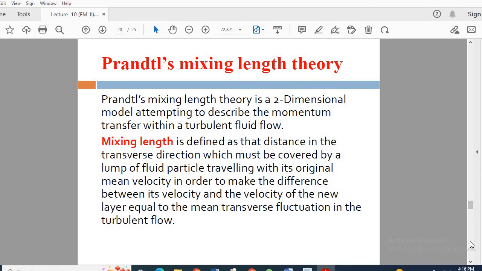Now we will discuss the Prandtl mixing length theory. Prandtl mixing length theory is a two-dimensional model to describe the momentum transfer within a turbulent fluid flow.